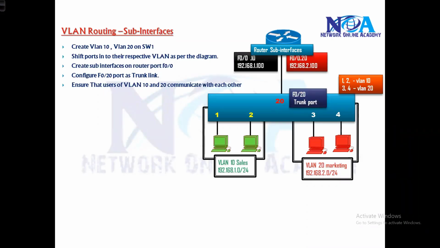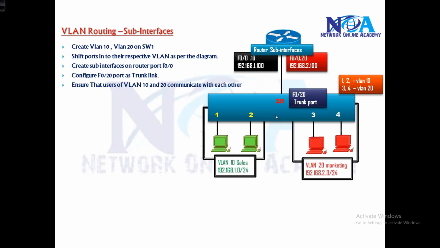If you look at the topology here, subinterfaces will be configured on the router side. Why? Because we need separate gateways, and every subinterface will act as a gateway for a separate VLAN. Physically we are using only one interface, but logically it is separated into subinterfaces. On the opposite side, the port connecting to the switch must be configured as a trunk port because it is going to carry multiple VLAN traffic.